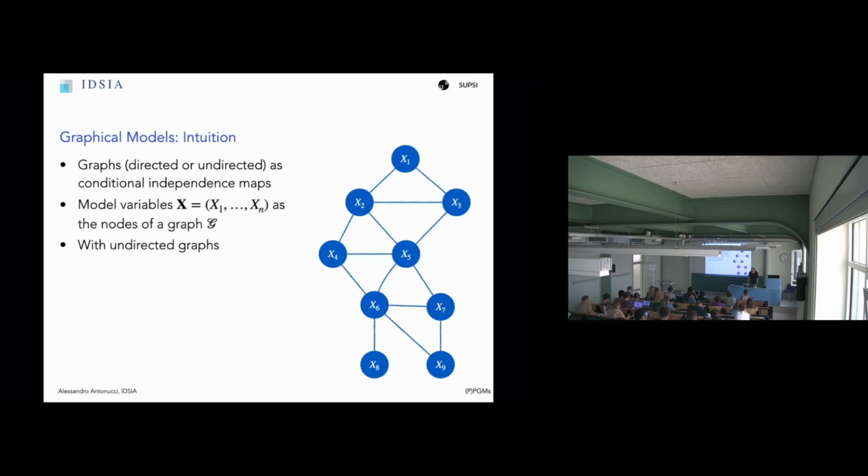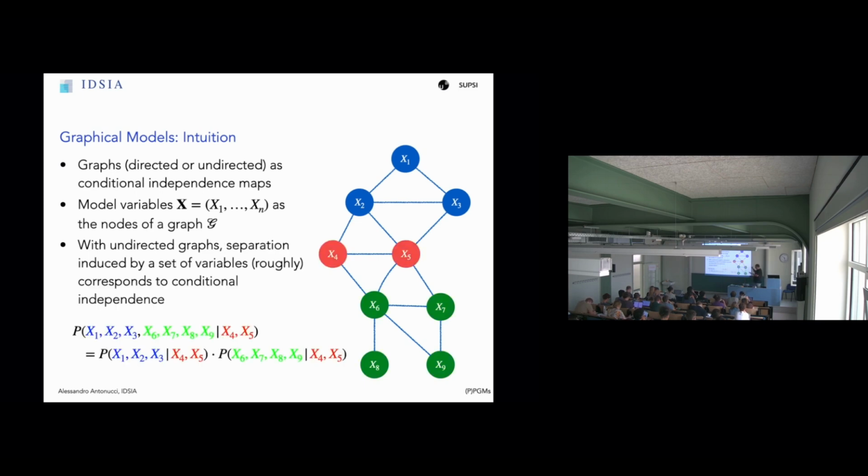In the undirected case, I have this kind of arcs without arrows. And what is that? I need a semantic. In a very high-level sense, the semantic is separation. So the physical separation induced by a set of nodes between two sets of nodes corresponds to the conditional independence. The graphs are maps of independence.